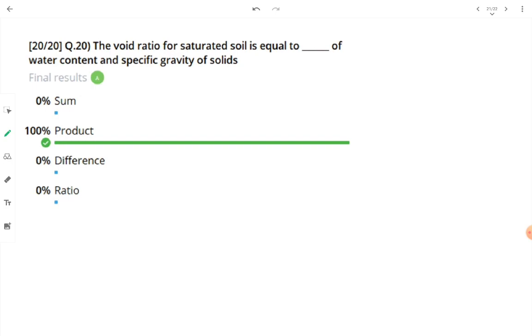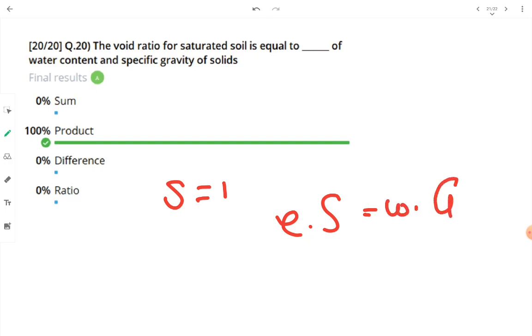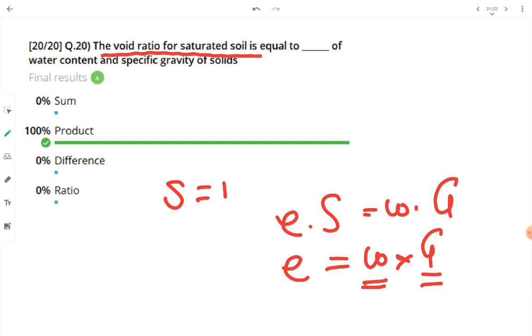For saturated soil, S is equal to 1, and remember this relation between soil parameters: e into S is equal to w into specific gravity G. Now S is equal to 1, therefore e is equal to w into G. w stands for water content, G stands for specific gravity of solids. That's why it is a product. So the void ratio of saturated soil is equal to the product of water content and specific gravity of solids.